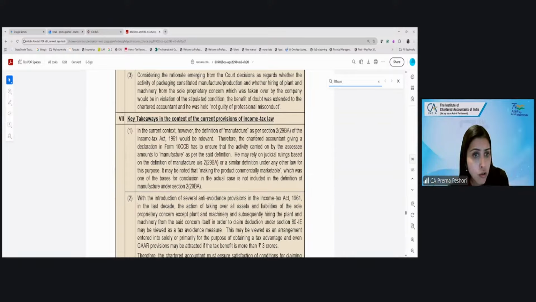He may rely on judicial decisions, but that should be on 2(29BA) and not some excise law or something else. Only when there is a similar definition in the law can he rely. So here, making the product commercially marketable, which was one of the bases for the conclusion in the facts of the case, is not covered as per the definition of manufacture under 2(29BA) now. So if you look at the case at this point in time, it will be a violation.